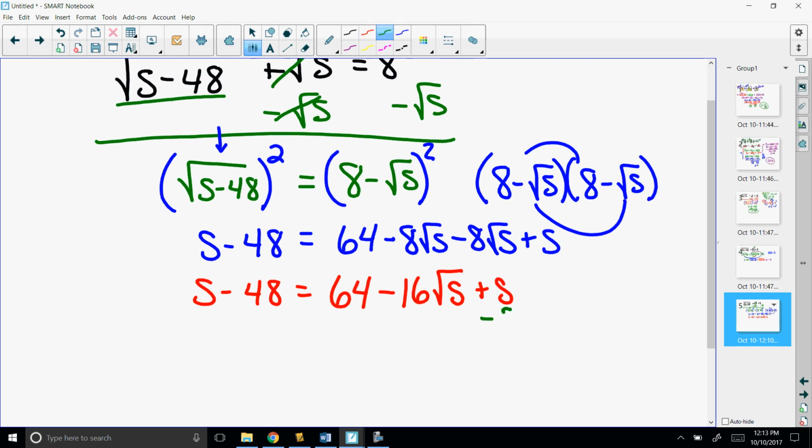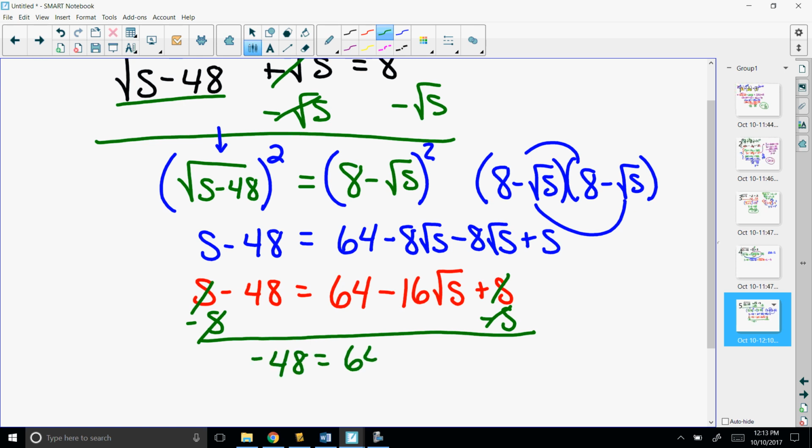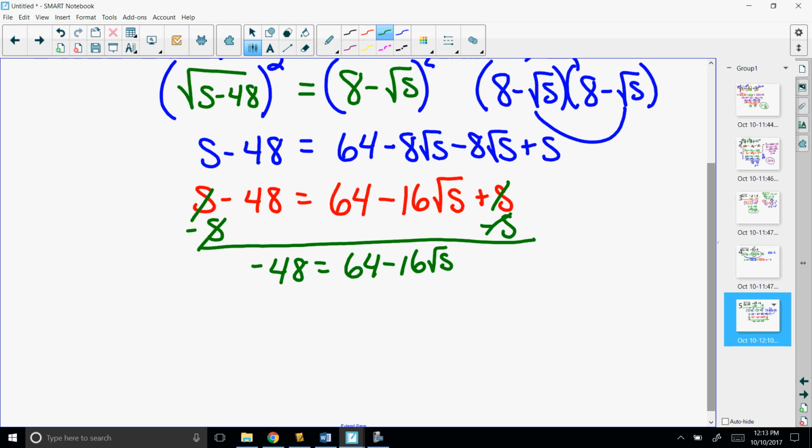Okay, I want to subtract s from both sides. What happens when you do that? The s's actually cancel. So we get negative 48 is equal to 64 minus 16 radical s. Now I want to solve for s, and I have it occurring once.